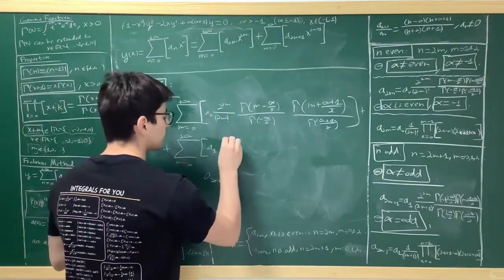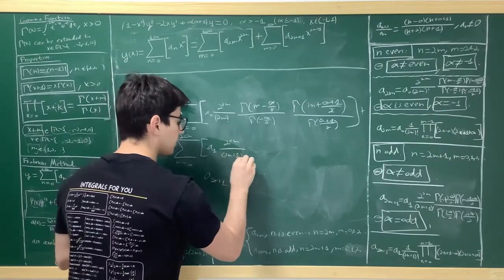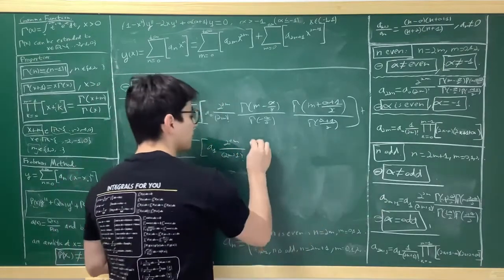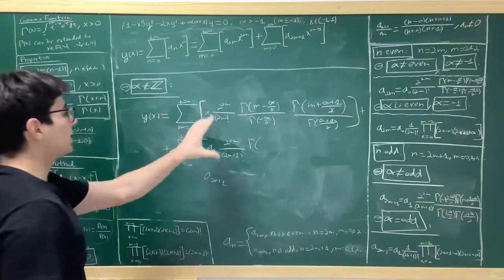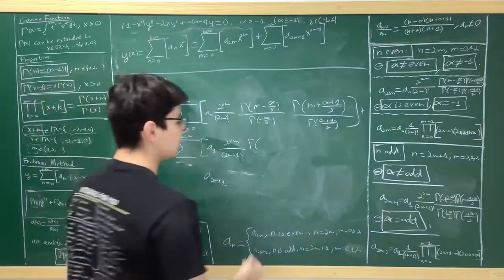a1, 2 to the 2m over 2m plus 1 factorial of these other gamma terms. I know I'm writing it really badly, I'm just going to write it afterwards nicely to have more space, but here it is just so you can see it.